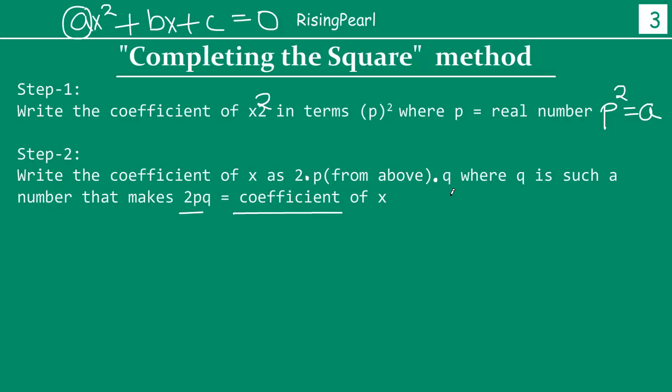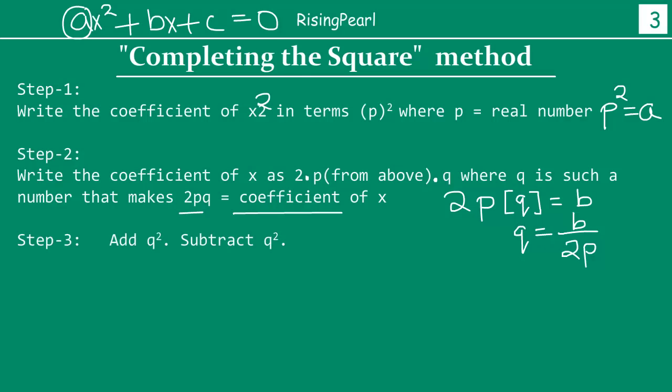It means that 2 times p times q is equal to b, or from here we can say that q should be equal to b by 2p. This is how we are going to find the value of q, right?